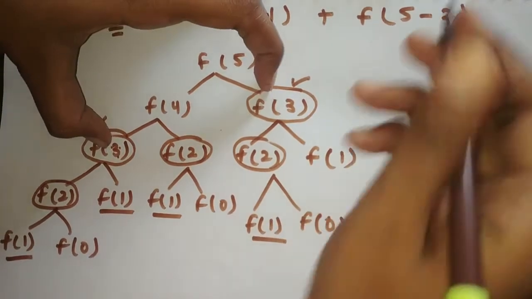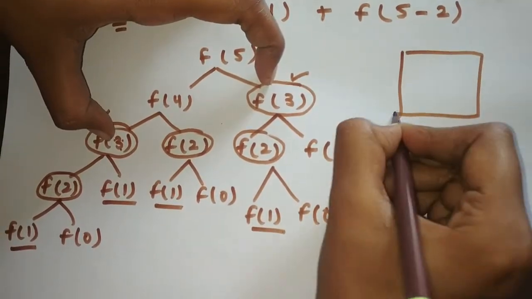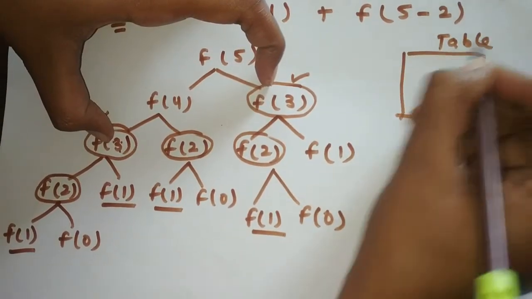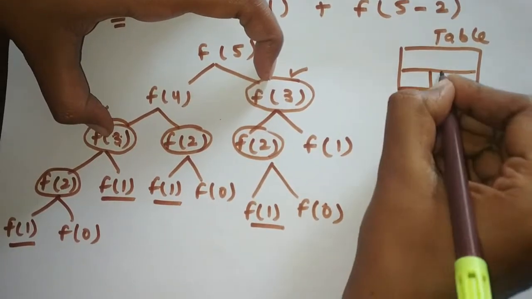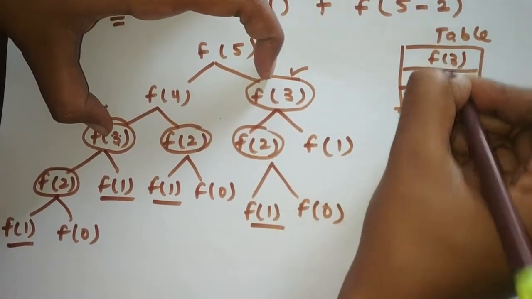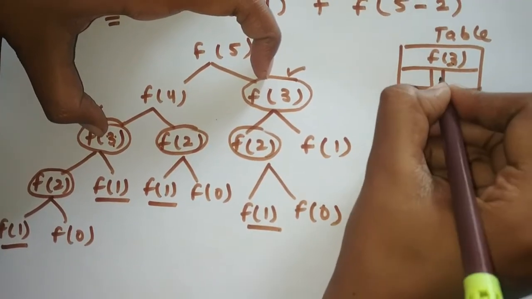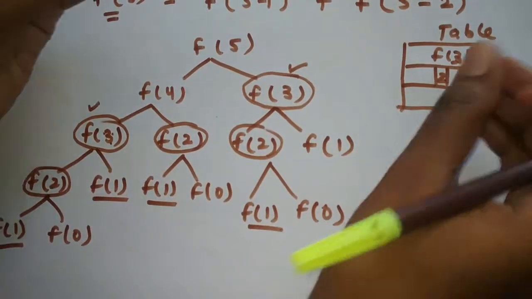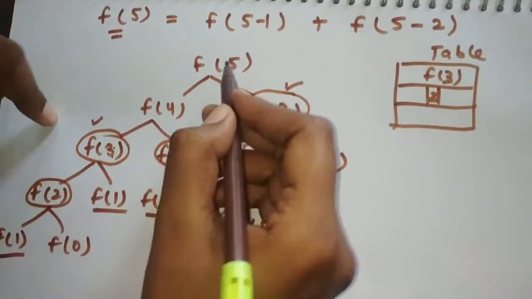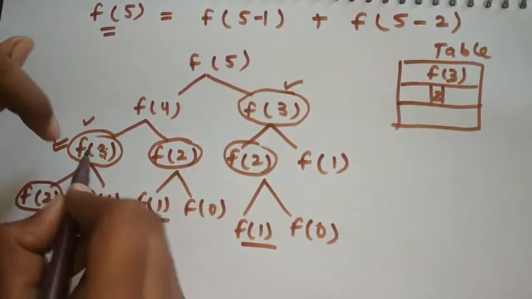Rather than calling the functions to solve these problems again and again, we will use a table in which, let's say, we put the value of f of 3. What will be the value?